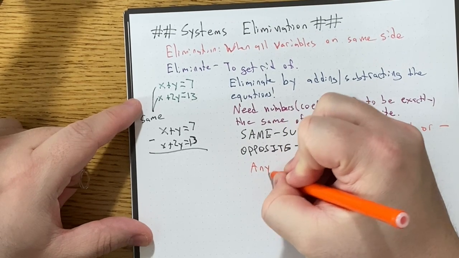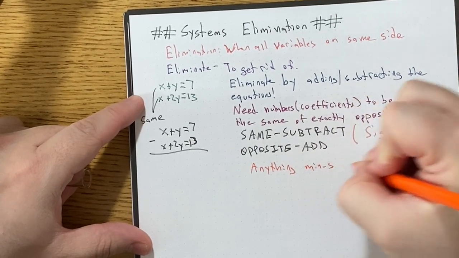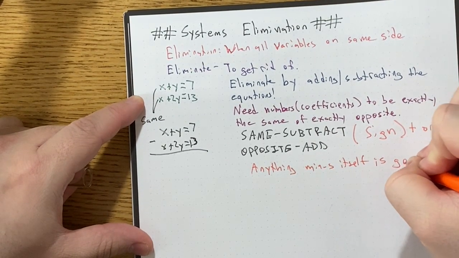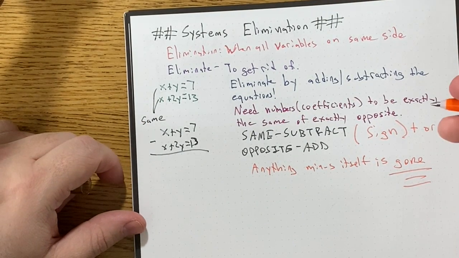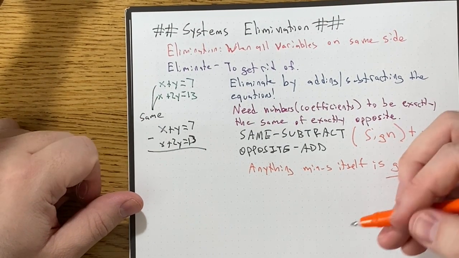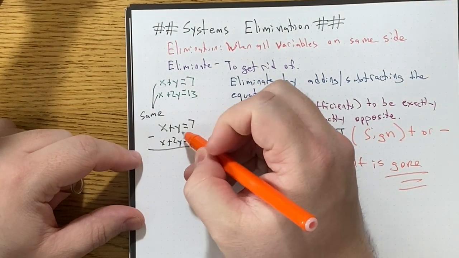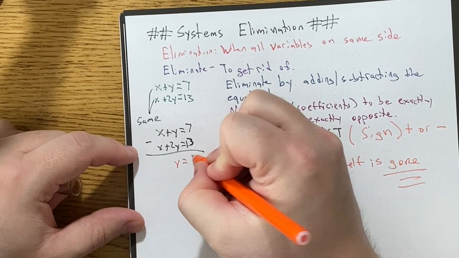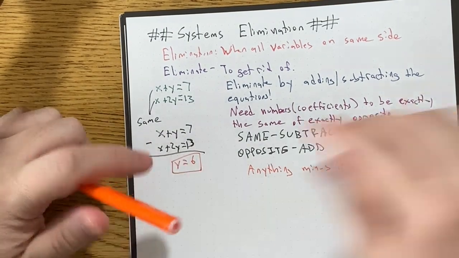Just remember, anything minus itself is gone. That's the whole point. We're trying to eliminate the x's to get rid of them. So when we subtracted them, those x's are gone. 2y's minus 1y is just y. 13 minus 7 is 6. And in this equation, I made that a little bit easy for you.